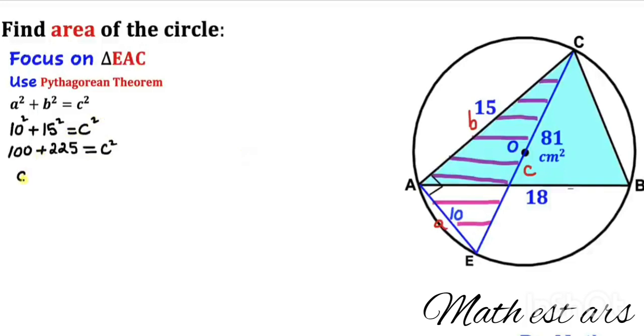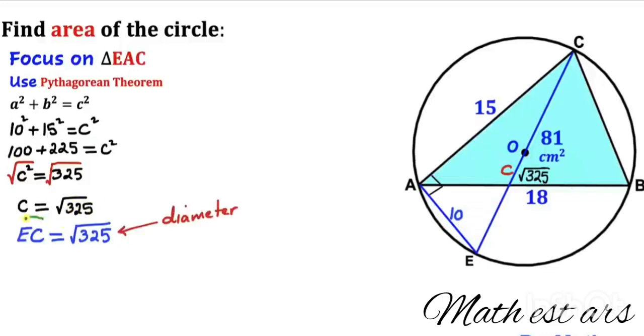So therefore our c square value turns out to be 325. Let me undo this square by taking a square root on both sides. So therefore our length c turns out to be square root of 325. So thus we can see that this EC length turns out to be square root of 325, as you can see over here, and that is also our diameter.